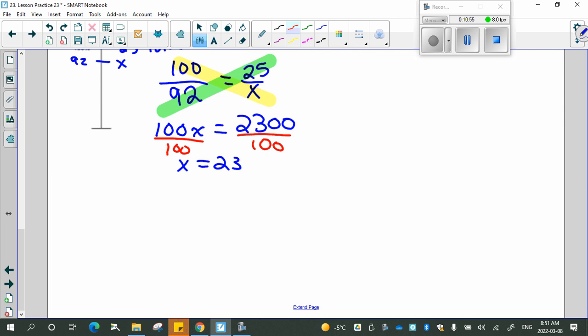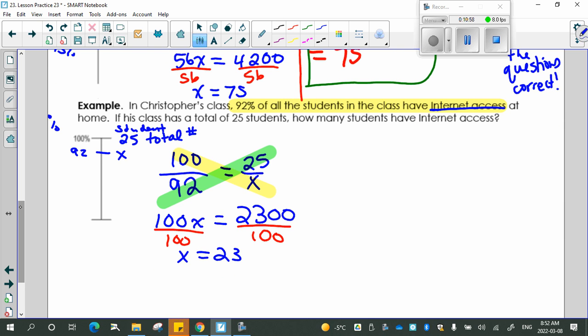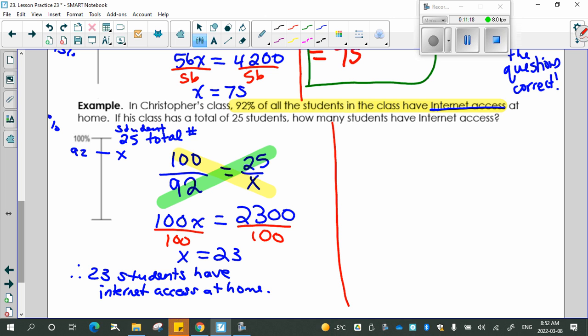So that means 23 of the 25 students have internet. Therefore, 23 students have internet access. Okay, did anybody else do that one a different way and get the same answer? Nope, okay.